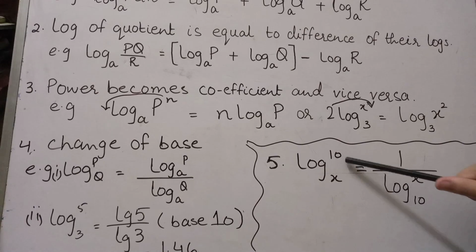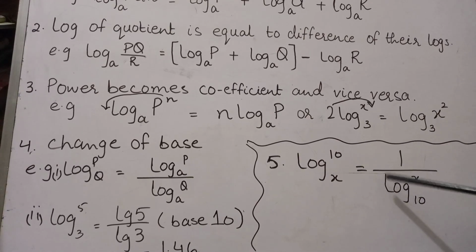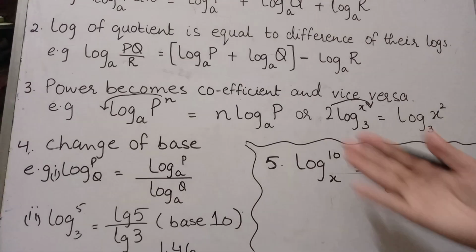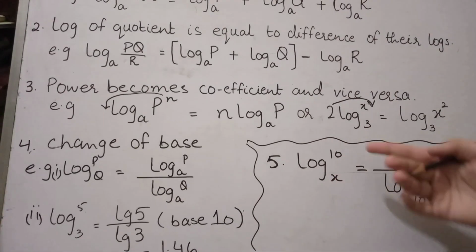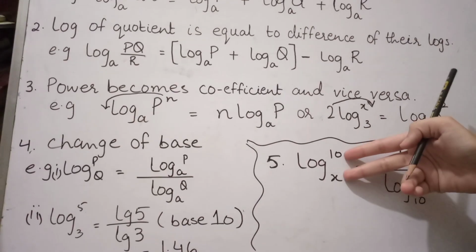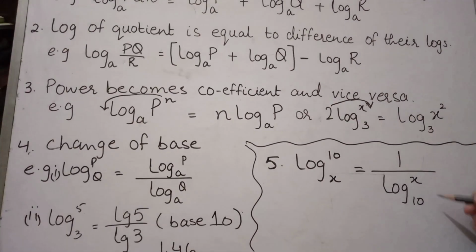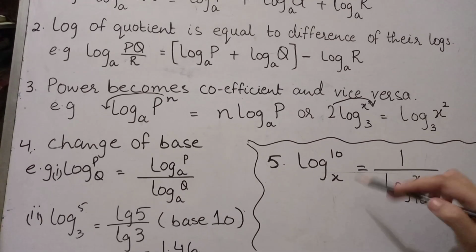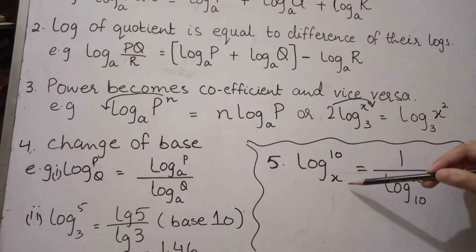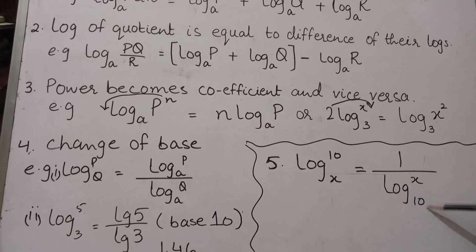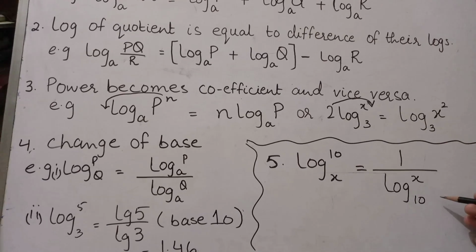These both will interchange their positions. Whenever I take the reciprocal of any log, the base and power will change their positions. For example, in this case, I have taken the reciprocal 1 divided by, so the base becomes the power and the power becomes the base. So log to the base of 10, and then I can solve the question.